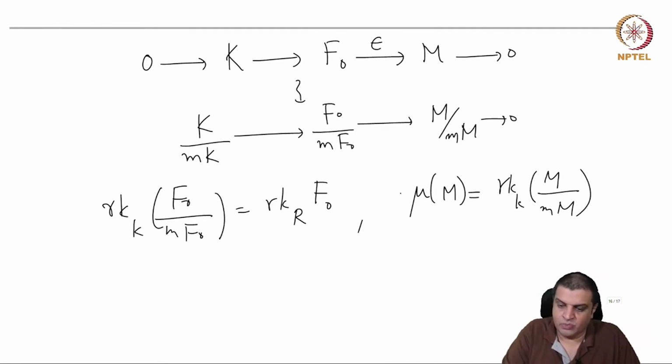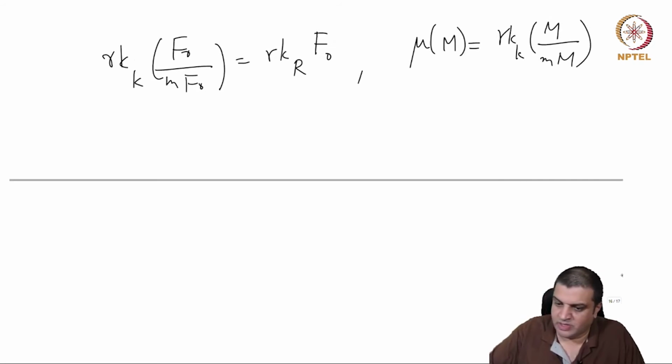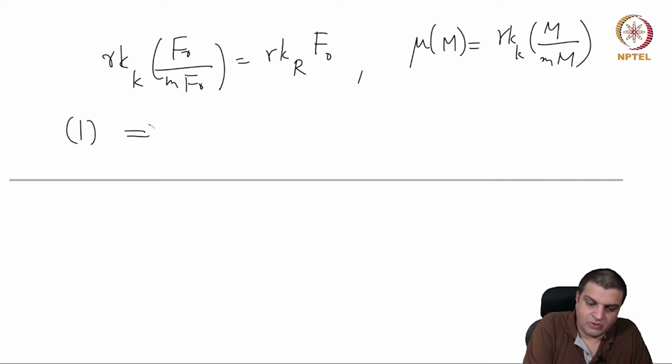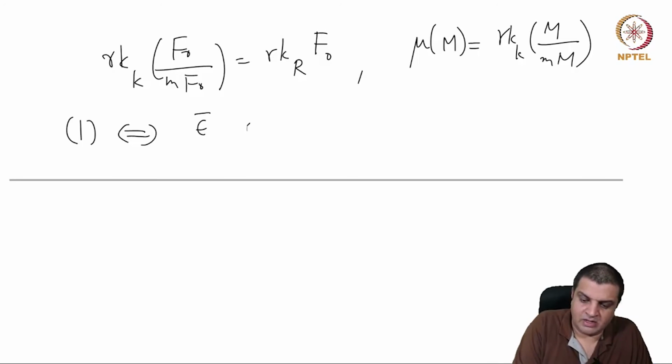In other words, this is an R-linear map, it is also an R mod m linear map. Let's call that map epsilon bar. So what we are saying is that 1 if and only if epsilon bar is an isomorphism.